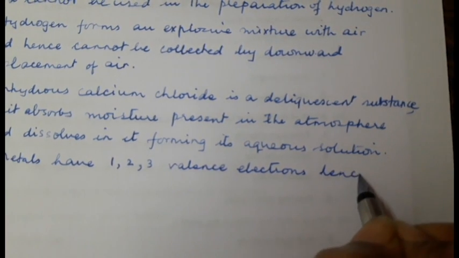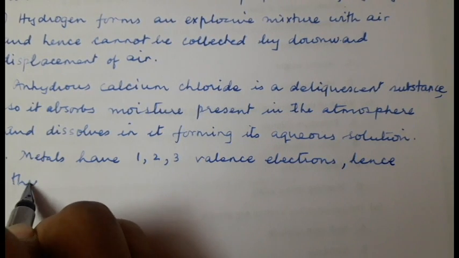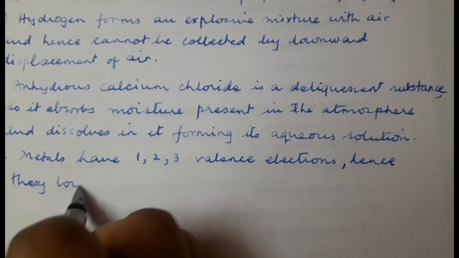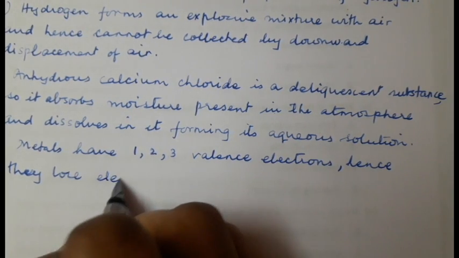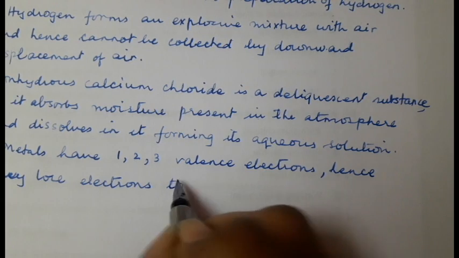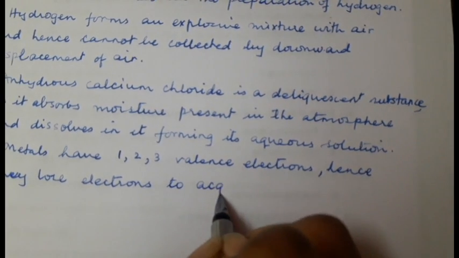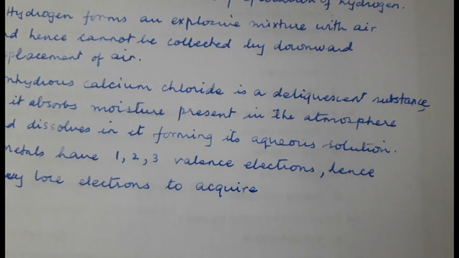Hence, they lose electrons to acquire. Now they need to be stable, 1, 2, 3 valence electrons. So in order to have stable electronic configuration, they need to have the octet or duplet complete.